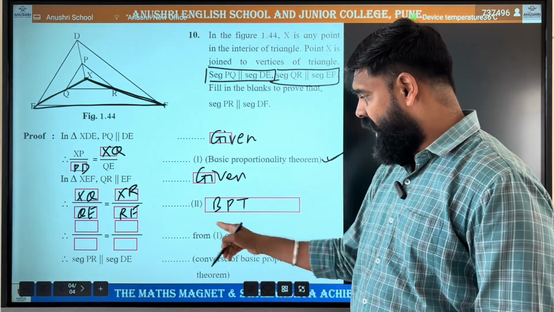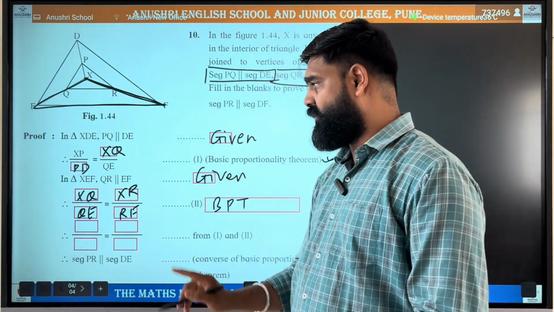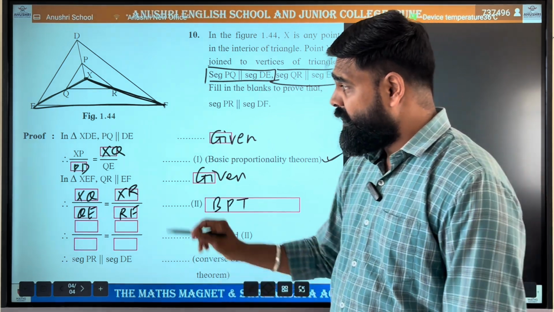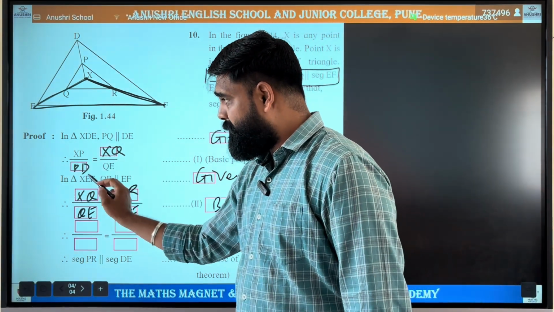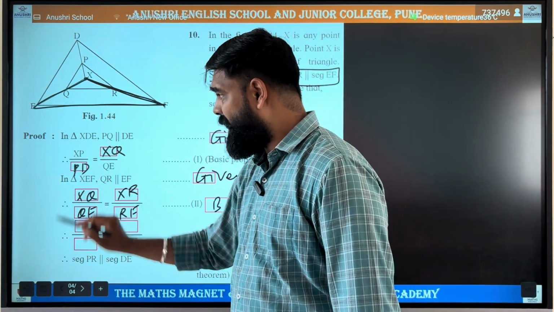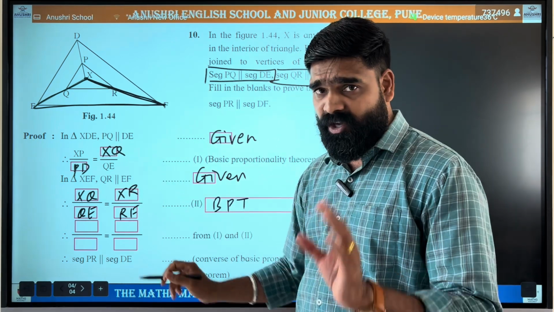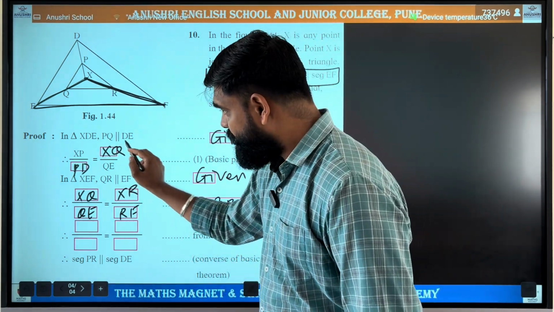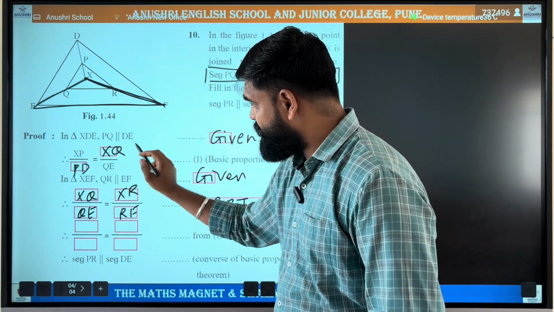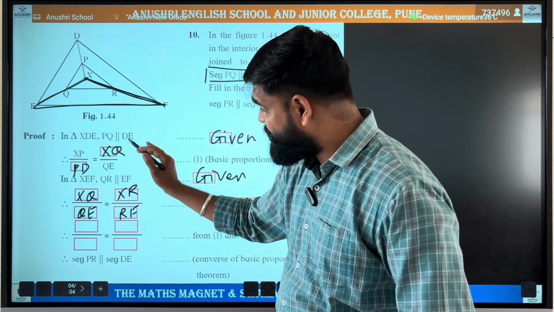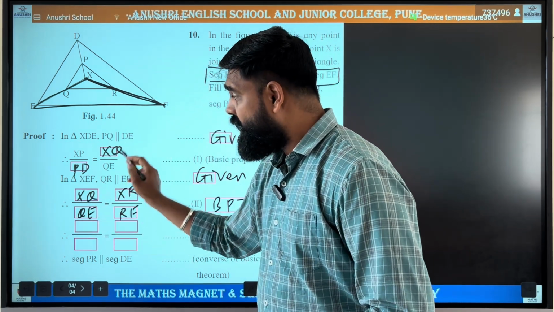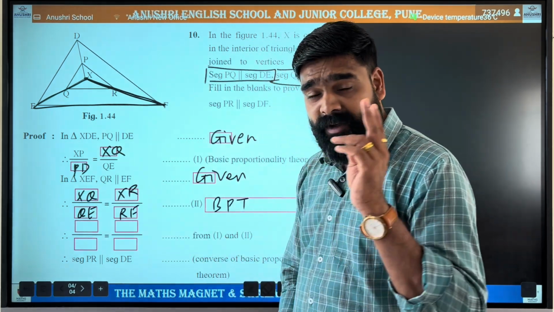So from the first and second equation, we can write, look here, XP by PD is equal to XQ by QE here. So in the first equation we have XQ by QE, and similarly XQ by QE we have in equation number 2 also.